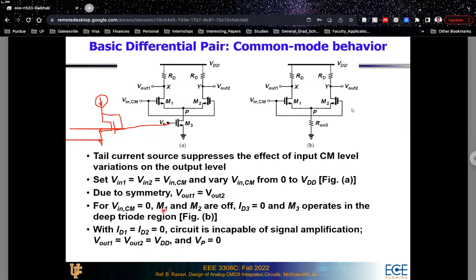And in that case, both M1 and M2 transistors are off, which means that the voltage at this point P will be equal to 0.